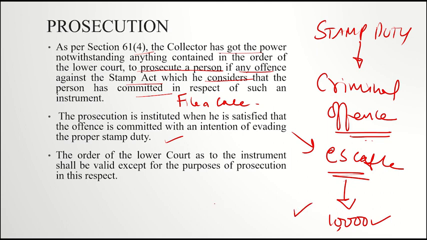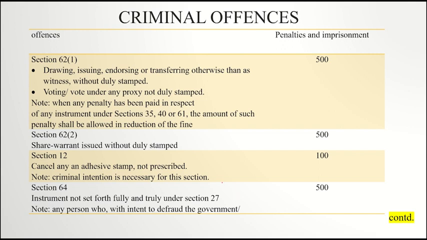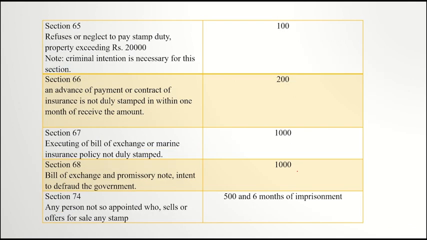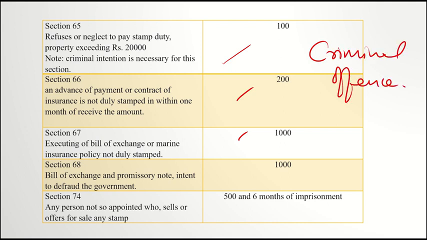So that is why a case can be filed against you. So criminal offences. As you can see here, the offences, the penalties and the imprisonment, the list is given. You don't have to worry in detail, but you should just know the basics. So it is a serious thing. If you don't pay stamp duty, it is a criminal offence. That is what you should know very clearly.